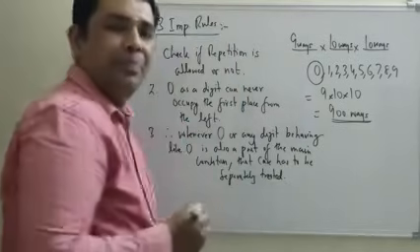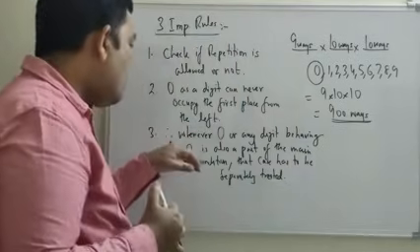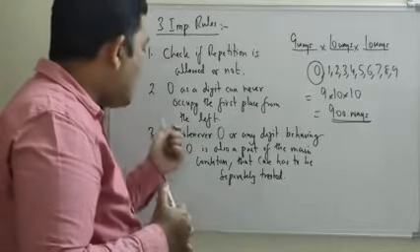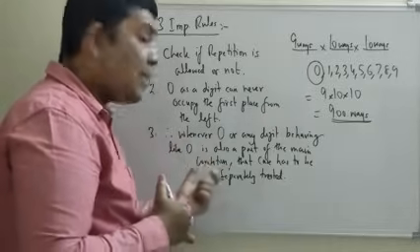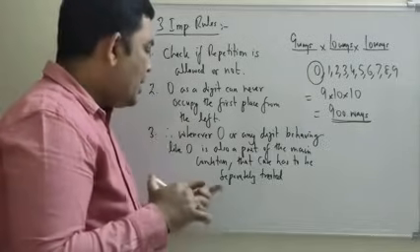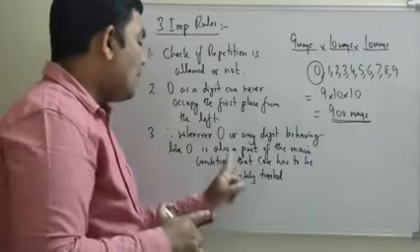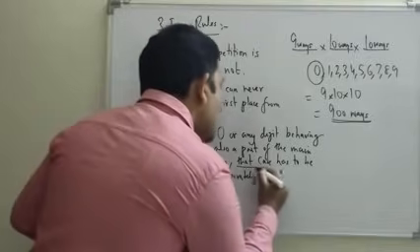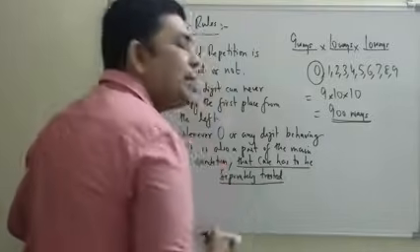So what is the third point? Whenever 0 or any digit behaving like 0 is also a part of the main condition, that particular case has to be separately treated.